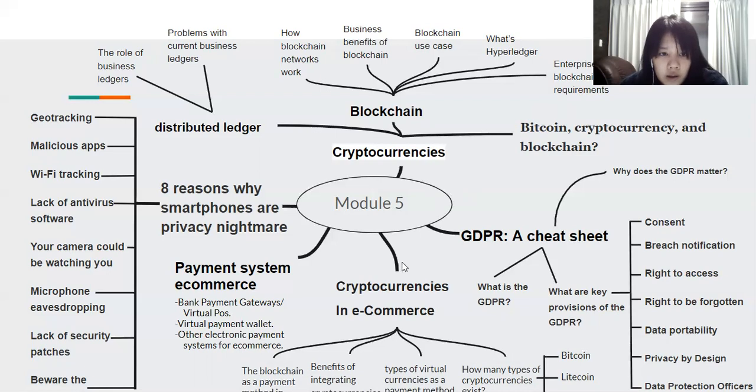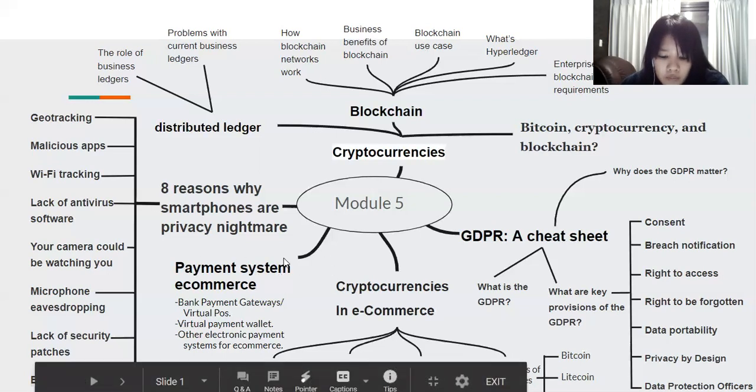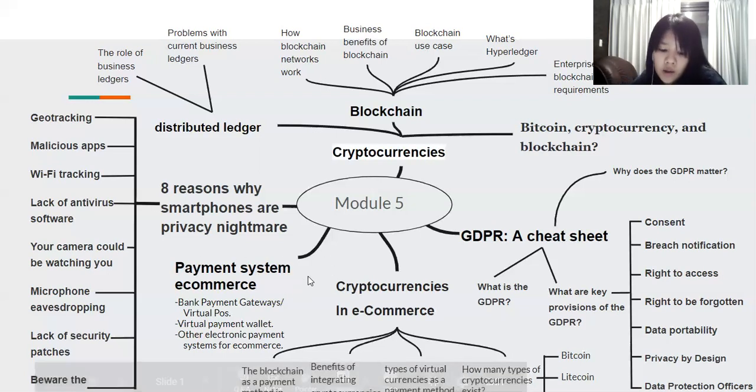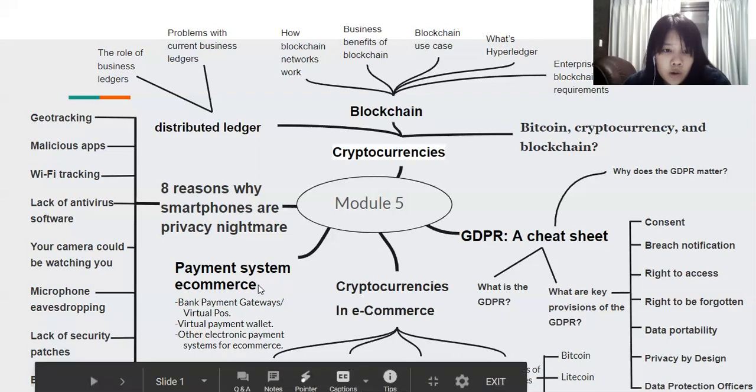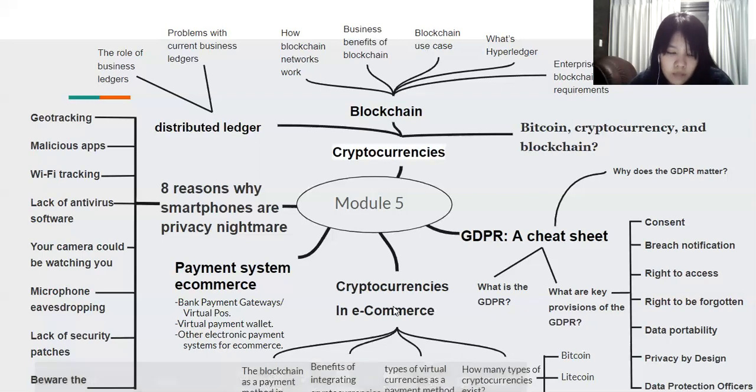The next topic is payment systems in e-commerce. There are 3 different types of payment: number 1, bank payment gateways or virtual POS; number 2, virtual payment wallet; and the last one is other electronic payment systems for e-commerce. There are certain pros and cons for each.